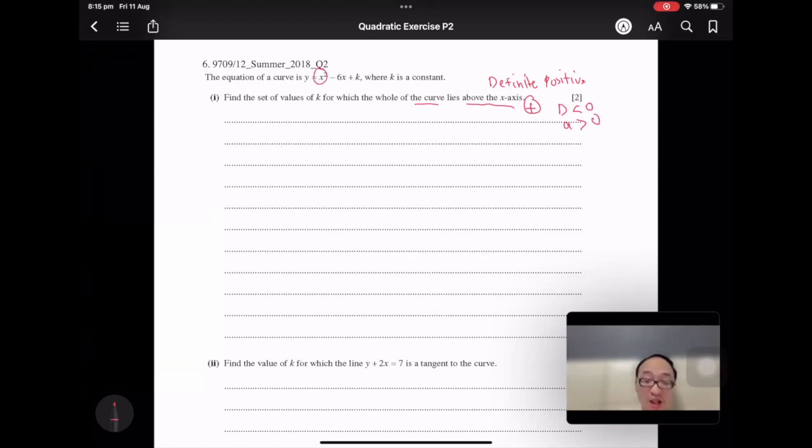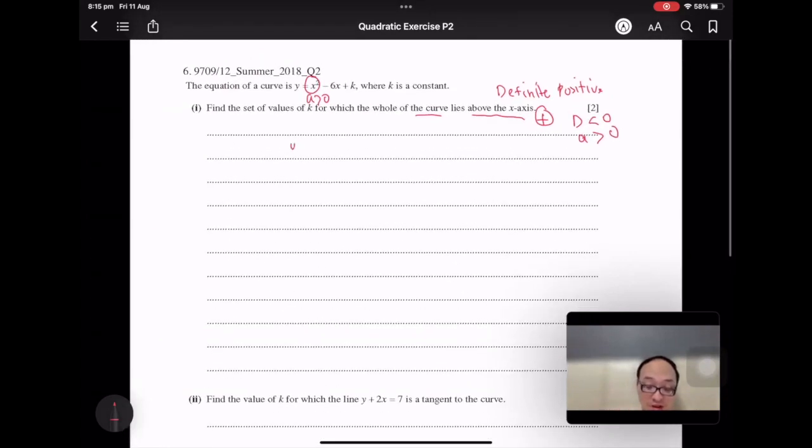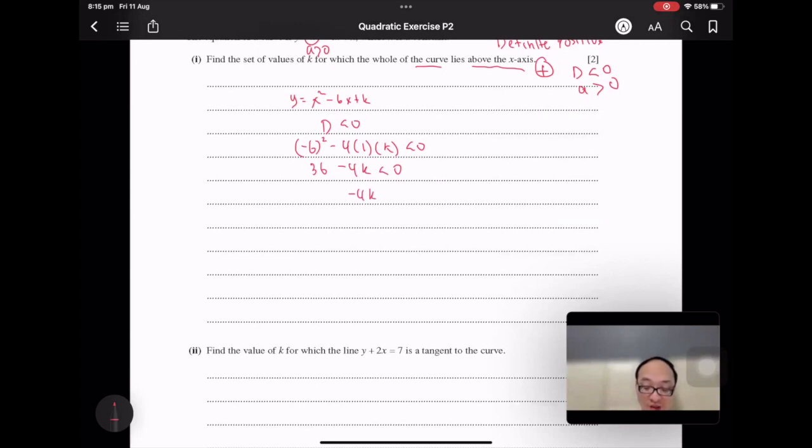In here, a is already greater than 0, so we just need to check the discriminant is smaller than 0. So negative 6 squared minus 4 times 1 times k is smaller than 0. 36 minus 4k is smaller than 0. So negative 4k is smaller than negative 36. So k is greater than 9.